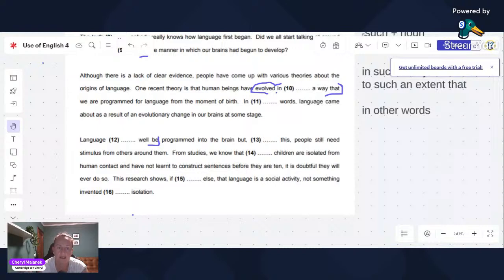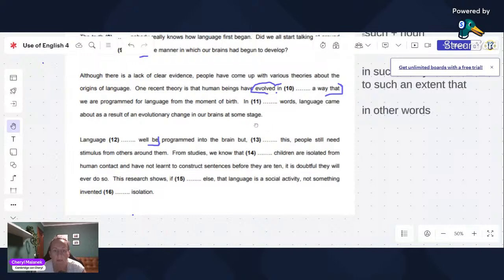Okay, so if I say language might be programmed into the brain, it's like maybe yes, maybe no. But if I say it might well be programmed, I'm more confident about that opinion. Okay, it might rain tonight. It might well rain tonight. Might well rain. I think there's a bit more of a possibility. Okay, so number 12 here is testing you on your grammar. So you need to know these modal verbs. You need to know this grammar structure, but you also need to know the technique for spotting that this is grammar that they're looking for.